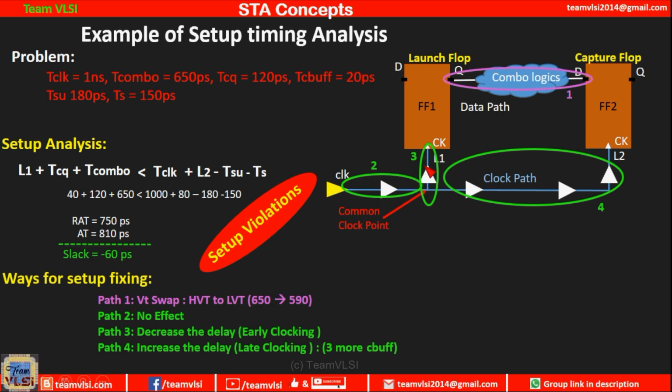So our priority is always that we should first play with the data path only. If it is fixed by changing the data path, meaning buffer swapping in the data path, then it's good and well. If not, then we will play with the clock path. But while working on the clock path, we must analyze the previous path and the next path, right?